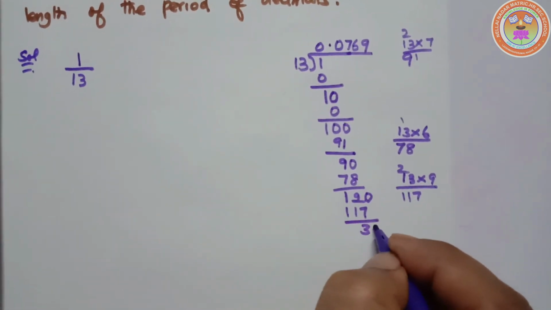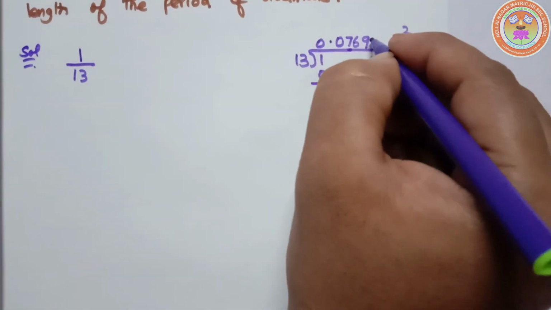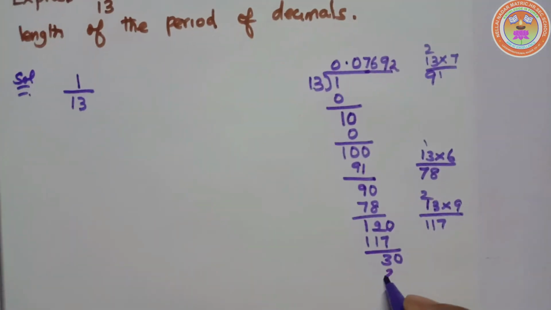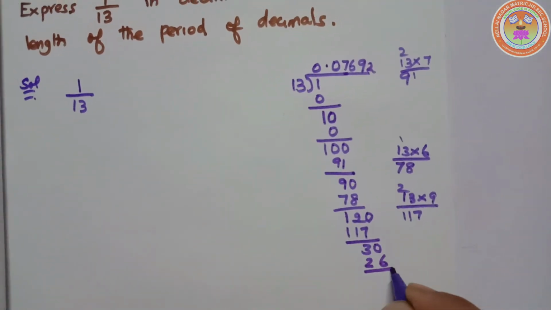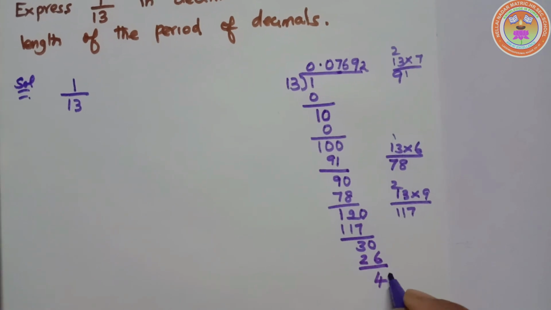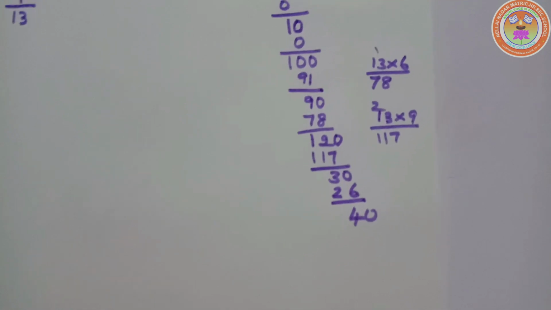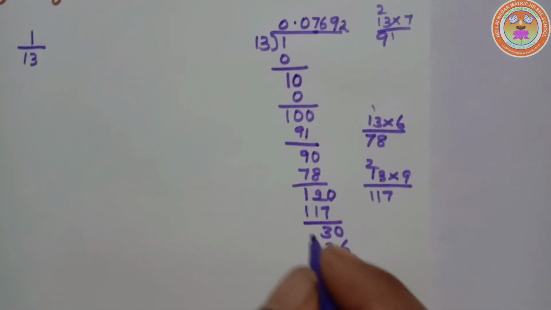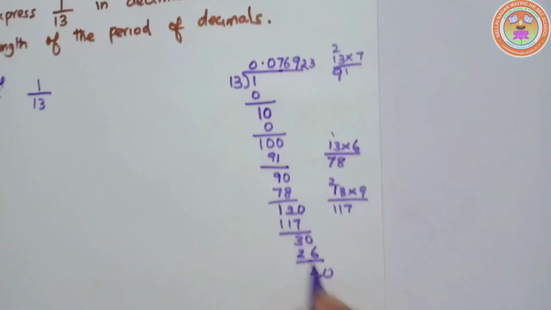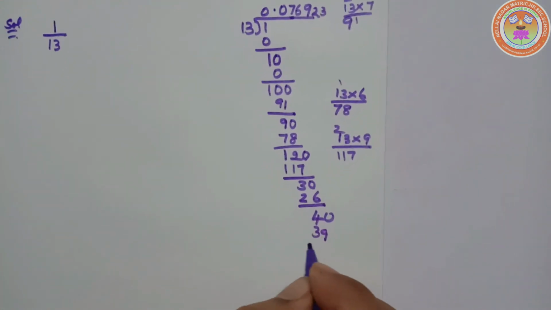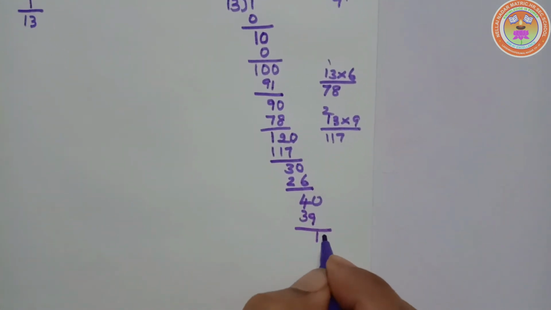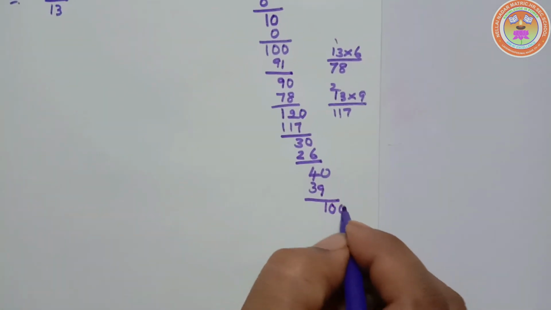Take 0. 13 twos are 26. Balance 4, 0. Then 13 threes are 39. Balance 1. Again 0. You have to take 0.